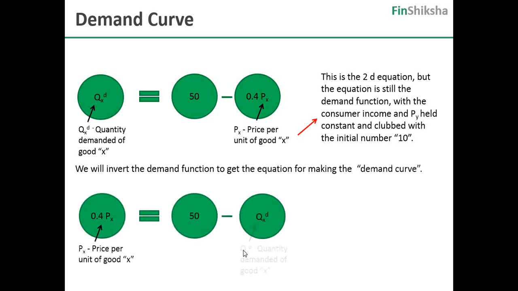First we rewrite it like this, and then we find out what we need to divide by. We can divide both sides of the equation by 0.4 to arrive at Px equals something minus a function of Q, or whatever number we look at as the slope of Q, correct? That's how you would invert the demand function into the demand curve.